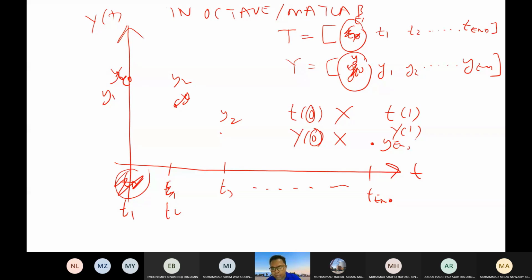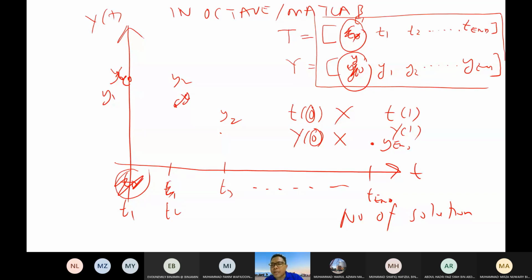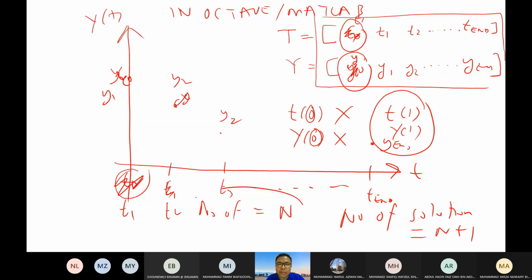So what is the effect? The effect is the number of solutions will be affected. If you refer to the previous system, the number of solutions will be n plus 1. But by using this kind of system, the number of solutions will be only n, bukannya n plus 1.